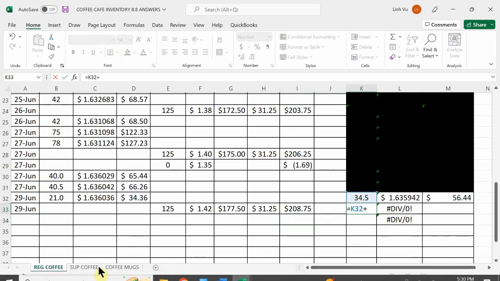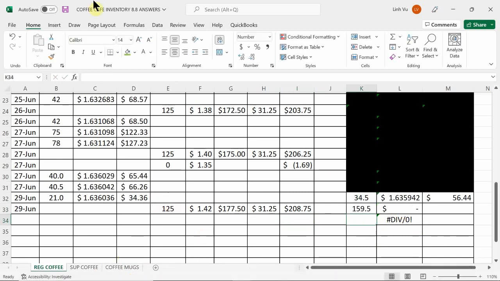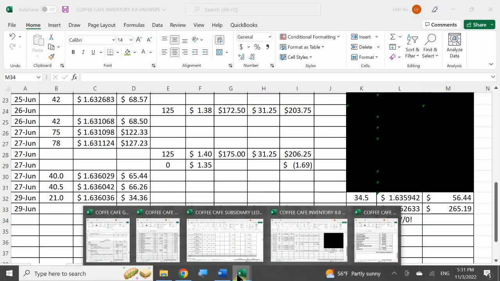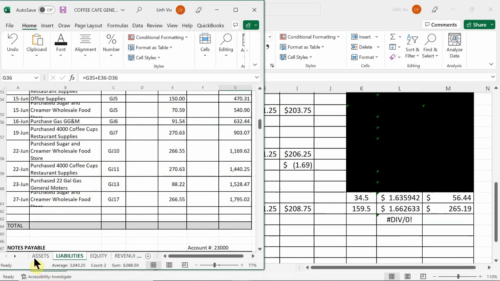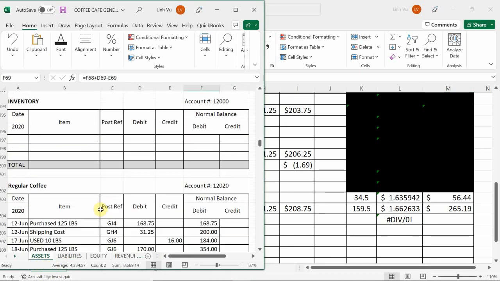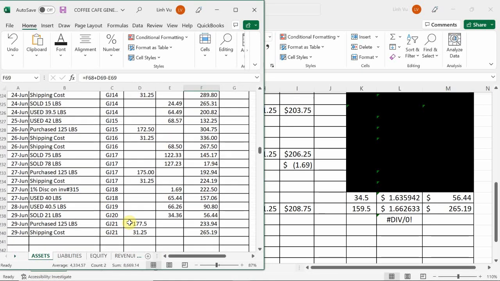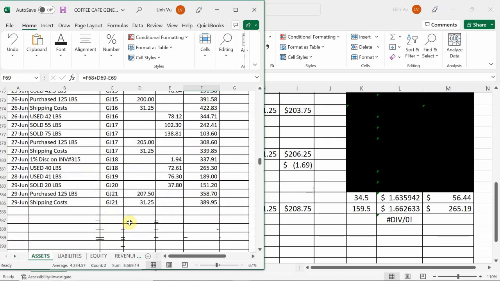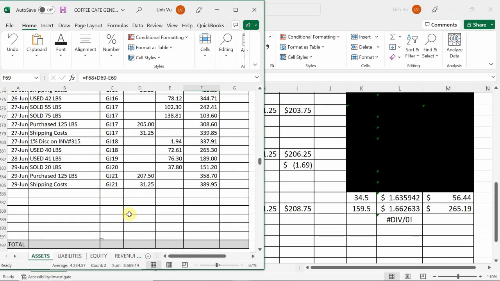So you're going to add 125 pounds here, which will give you 159.5 pounds. Add your 208.75 to your 56.44, and you're gonna get 265.19, which I believe I remember that is correct. Okay, so we could take a look to verify. Okay, so right here, regular coffee 265.19, and your Supreme coffee is going to be 389.95.